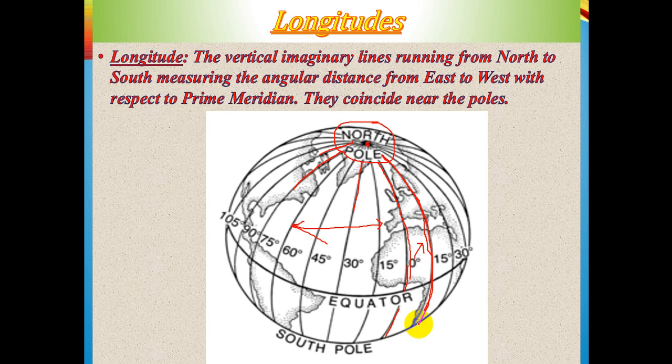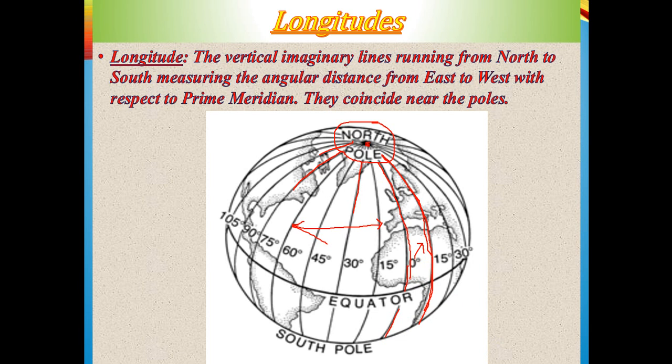There is no variation: when it is 12 noon in that part of Africa, similarly at that same moment it is midday in that part of Europe also. So those places which have midday at the same moment of time will be joined by this vertical imaginary line from north to south.